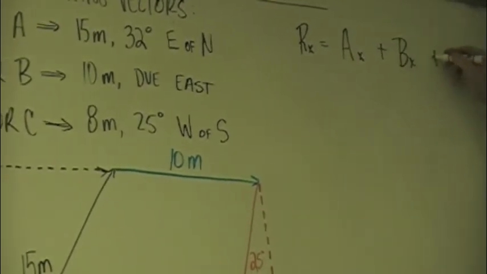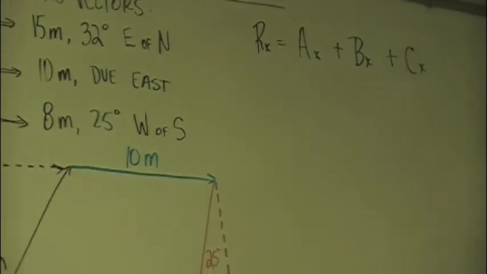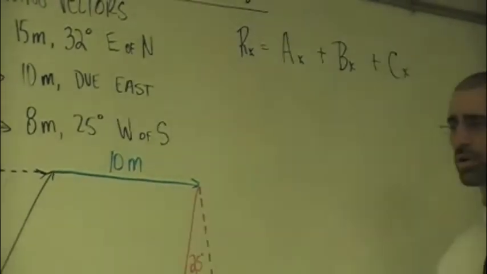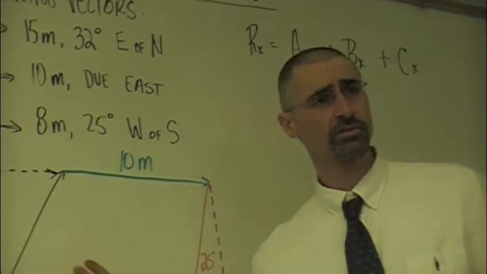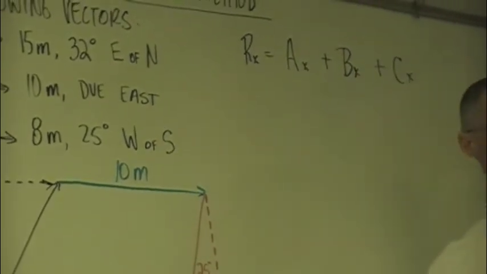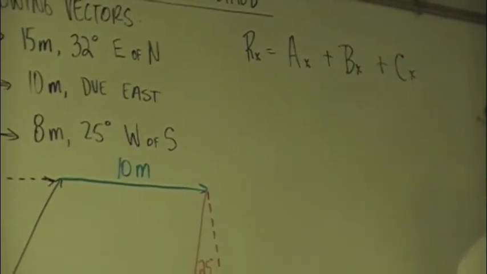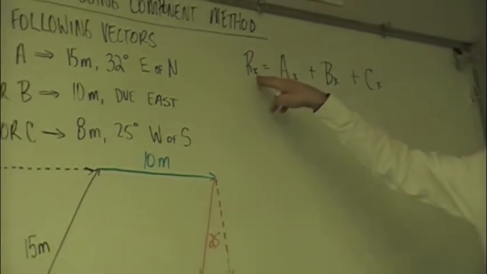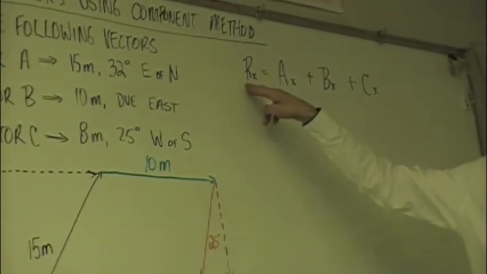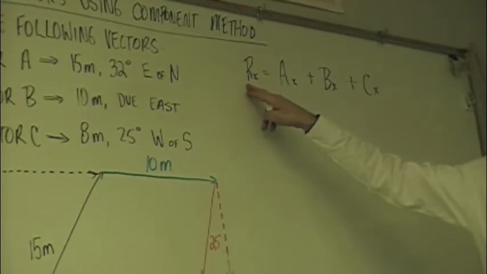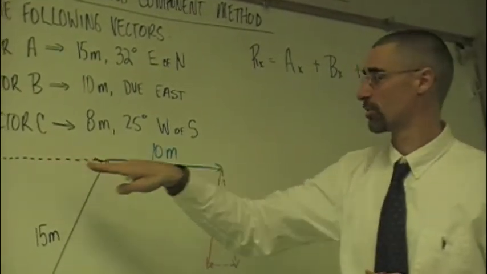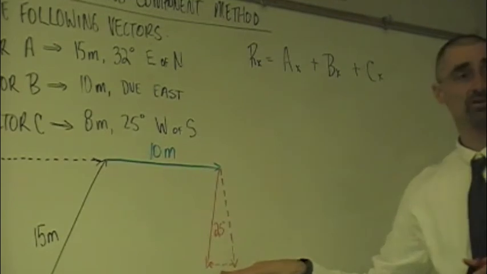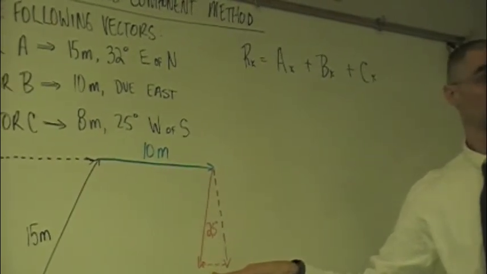So guys, when we add vectors, all we're going to do is break them into their X and Y components, and then set up a problem that looks like this. The X component of the resultant vector is equal to all of the X components of these vectors added together.